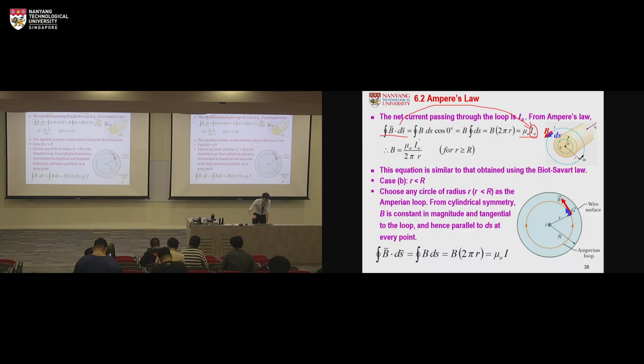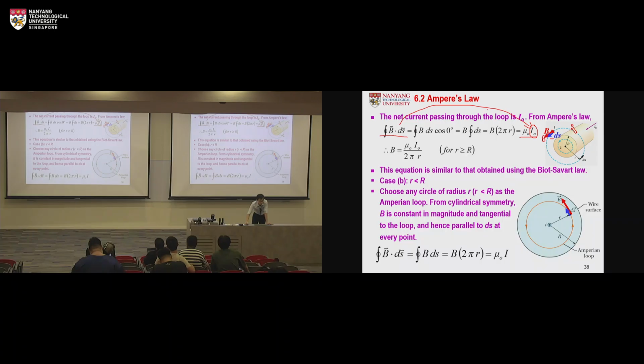And step 2, let's do some more on this integration part. If we look at this point, this is going to be the B, this is going to be the dS. They are going to be parallel, right? And if you look at this point, you will find B and dS also parallel. And the same for any point on this loop.